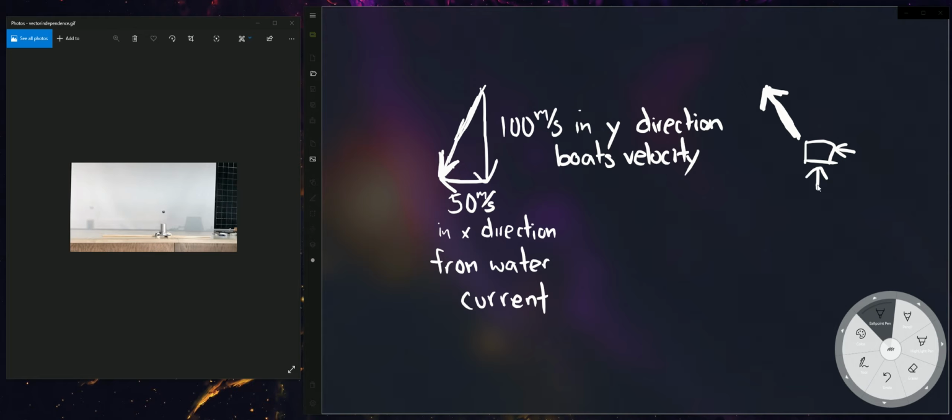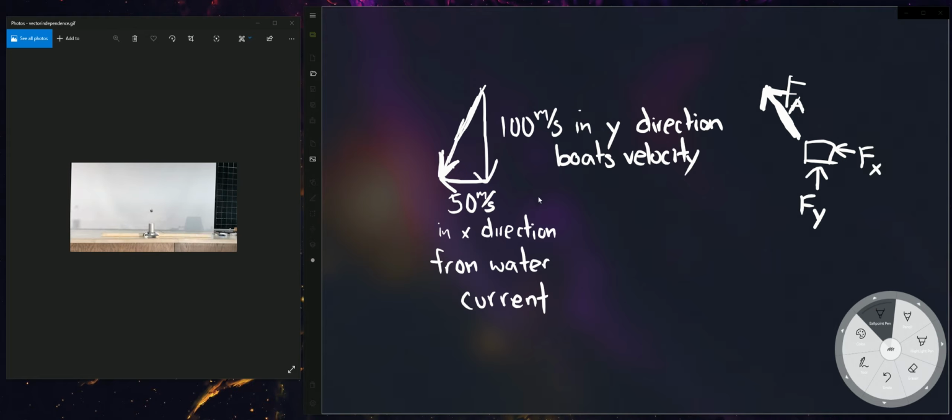It's the same exact situation, just with different objects and forces. This is the force in the y direction, this is the force in the x direction, and this is the total force applied.